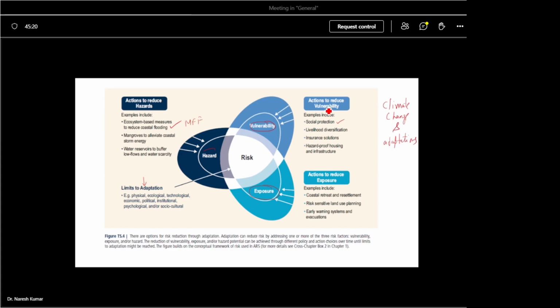So if you have social protection, livelihood diversification, insurance solutions, hazard-proof housing and infrastructure, that would reduce vulnerability. And exposure means coastal retreat and resettlement, risk-sensitive land use planning, early warning systems, and evacuations. So these are outlined to help us reduce the hazards, exposure, and vulnerability.